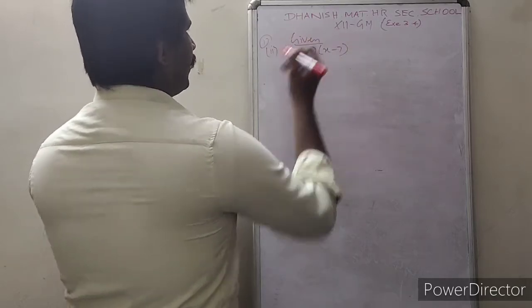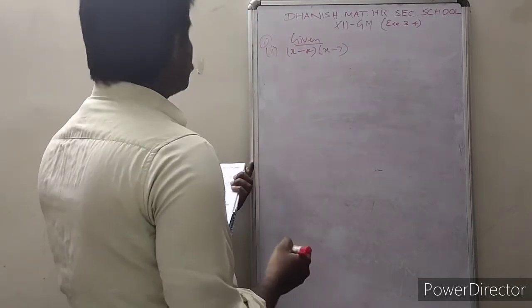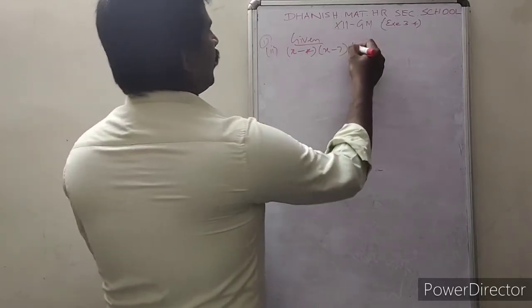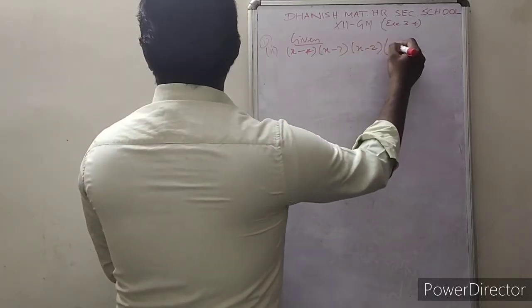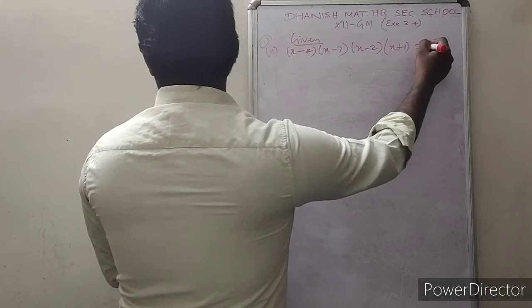First we can write our given equation: x minus 4, x minus 7, x minus 2, x plus 1 equal to 16.